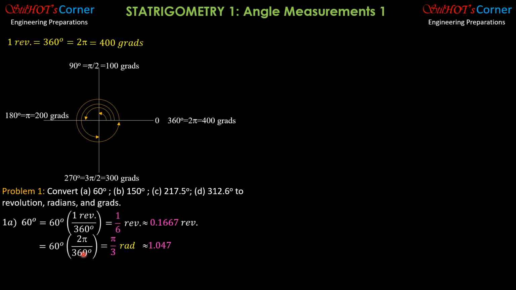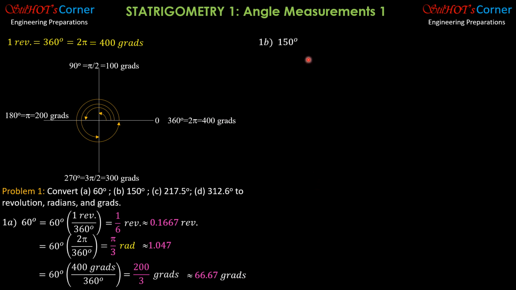Then it is equal to 60 degrees times 400 grads over 360 degrees. That's the conversion factor, 400 grads equals 360 degrees. Expressing as a fraction, to be accurate, it is 200 over 3 grads. And in decimal, it is equal to 66.67 grads.